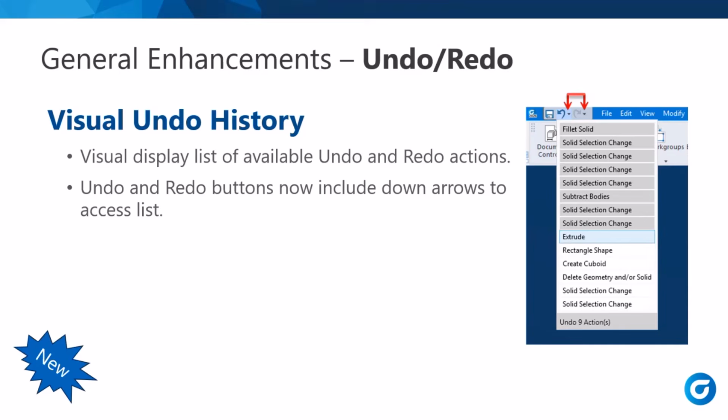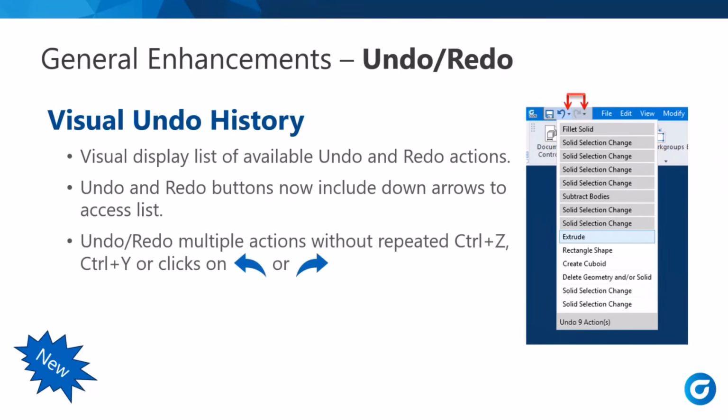So hovering over the down arrow, you've now got a list, which you never had before. And you can undo and redo multiple actions at one time without repeated Control Z, Control Y, or clicks of undo, redo. So I can scroll down that list and do multiples all in one shot, saying either undo or redo.